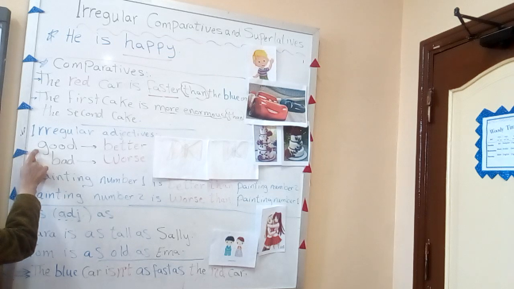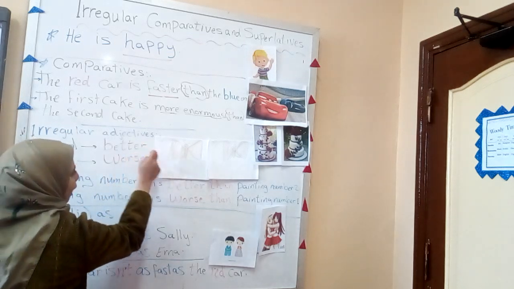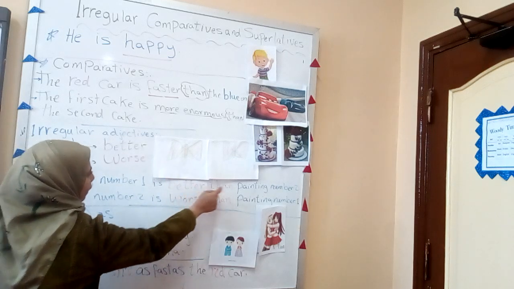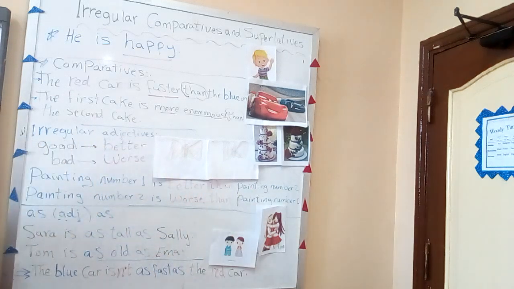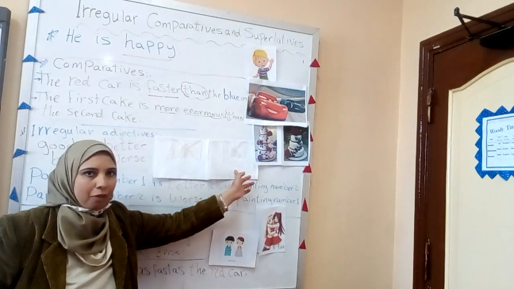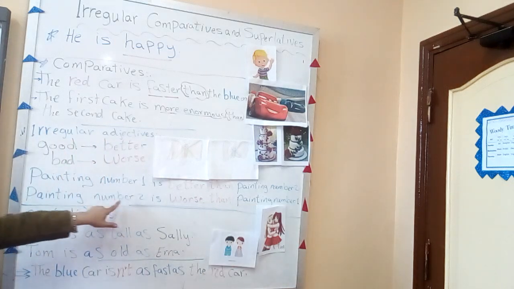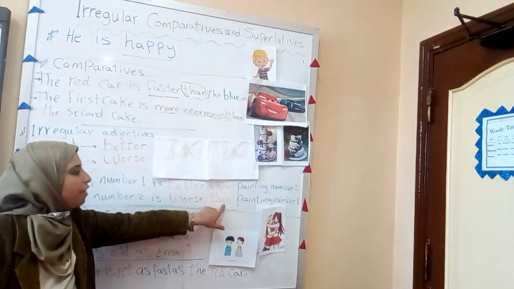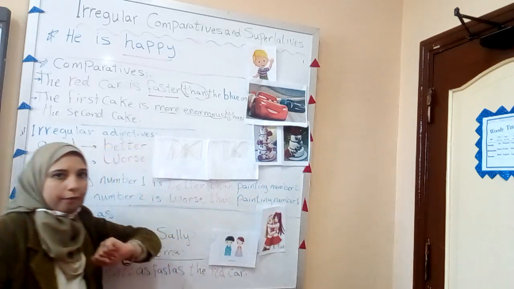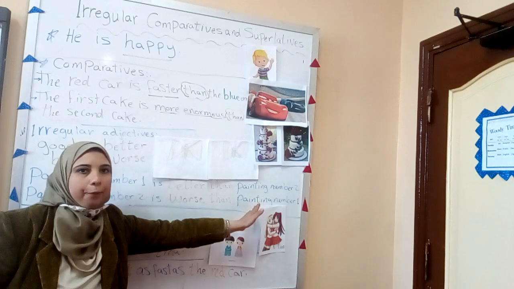For the adjective good, I can't say gooder, it's incorrect. So I write better than painting number 2. If we start with painting number 2, which is bad, painting number 2 is worse than painting number 1.